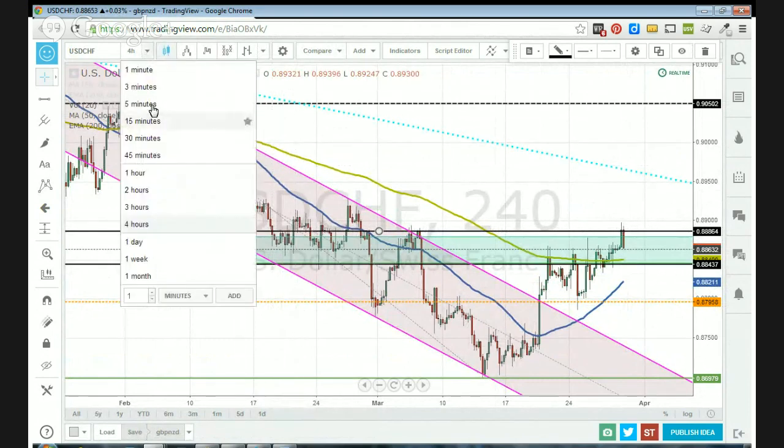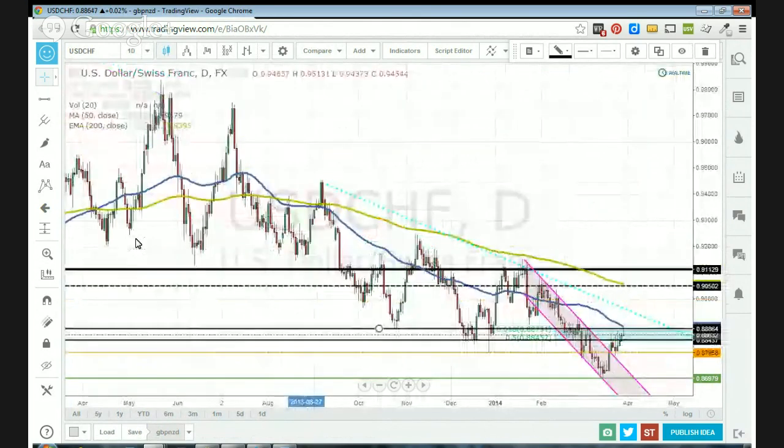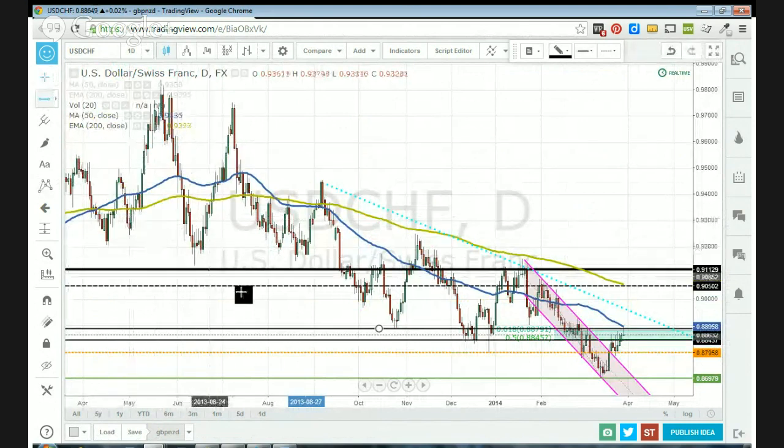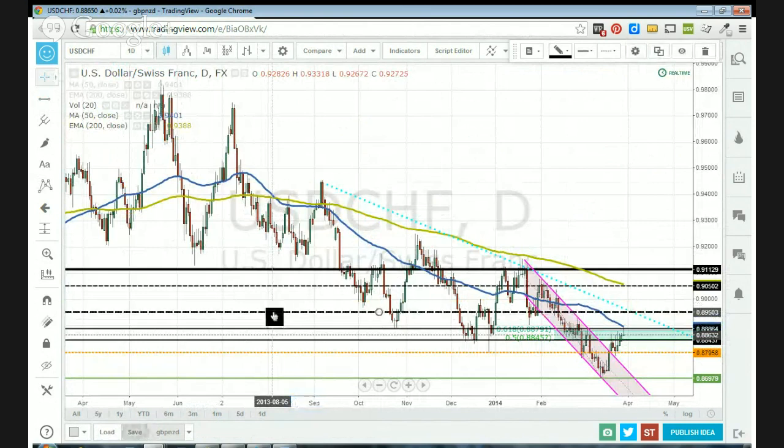So short dollar Swiss at 88.86. Put my stop right there, maybe 89.50.